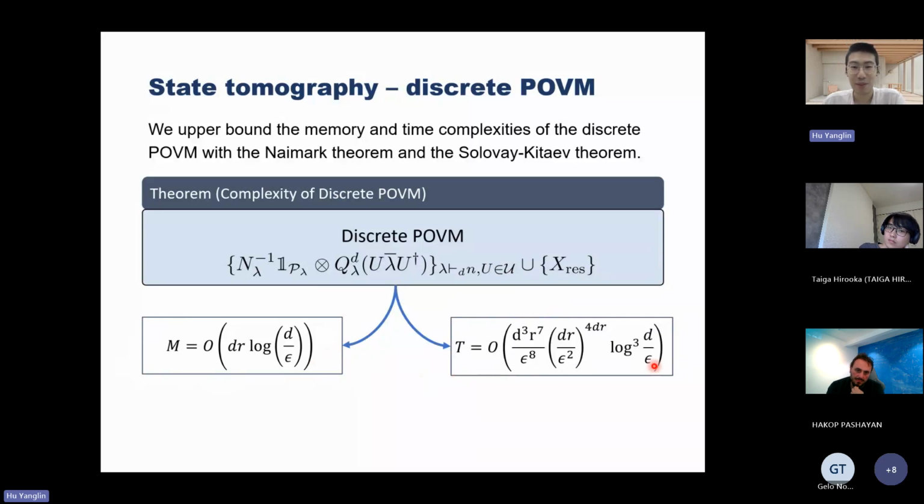But the time efficiency is a very huge trouble. It is also unknown whether you can perform this type of POVM efficiently, even if you know the efficient way to sample U. So even if you know how to sample U efficiently, it is still unknown whether you can perform this discrete POVM very efficiently. So there is another gap.